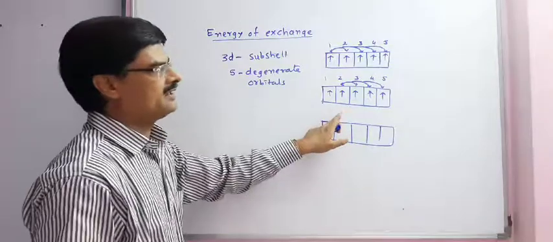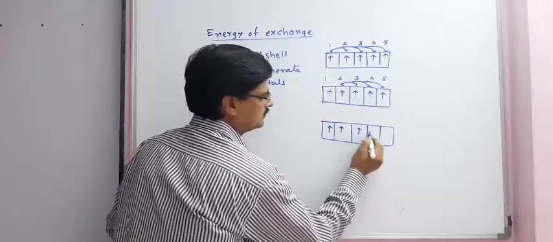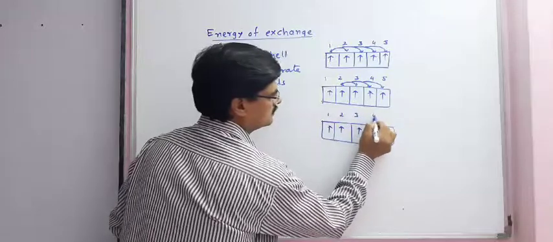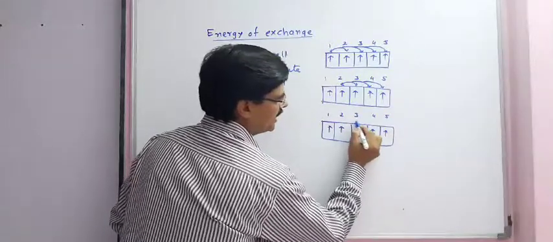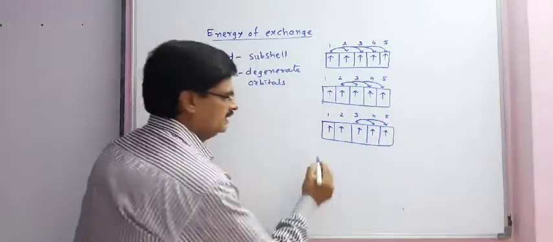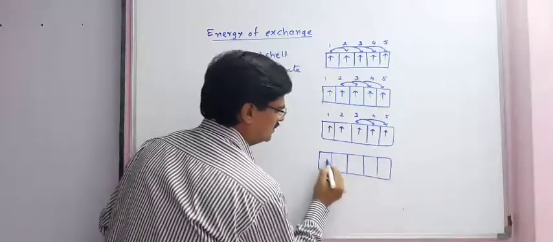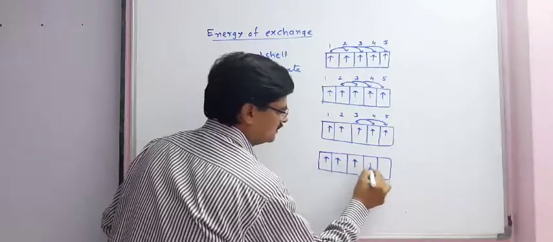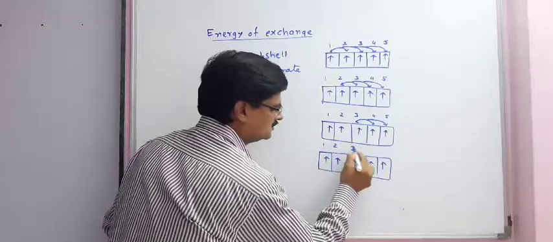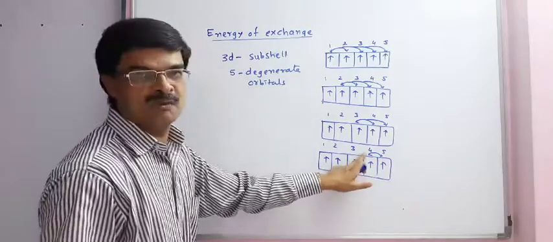Same way, exchange takes place from the third electron, which can be shown by using this type of arrows, and for the fourth electron, exchanges can be shown in this manner.